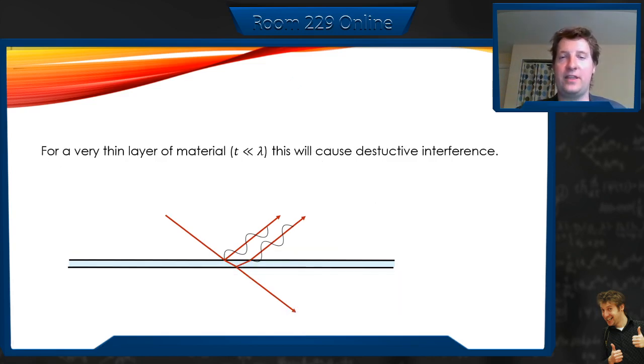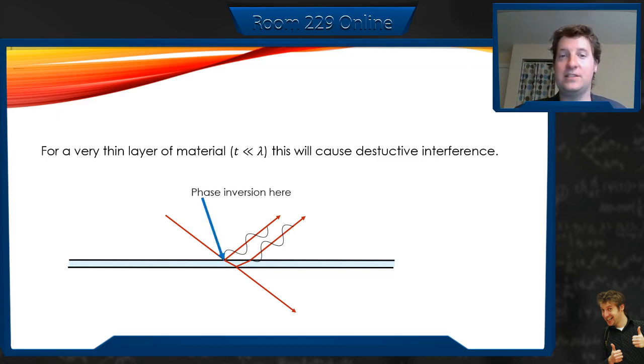If we have a very, very thin medium, okay, so incredibly thin medium, we have a thickness, call it T, that is much, much, much thinner than the wavelength. The path length difference will not cause any sort of phase change. The path difference is negligible.